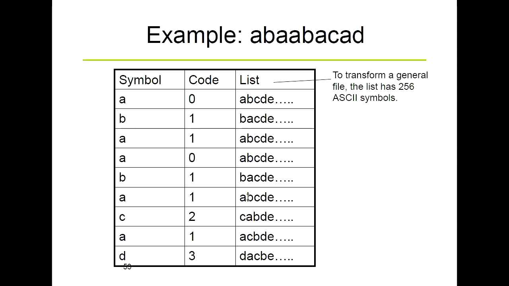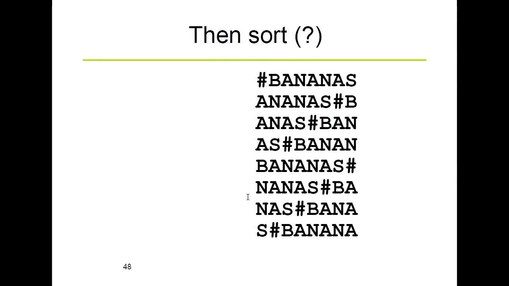First and last column of this. The last column is your BWT. The first column, because you get that by sorting all the rows. So the first column, you sort the BWT, you will get the first column.